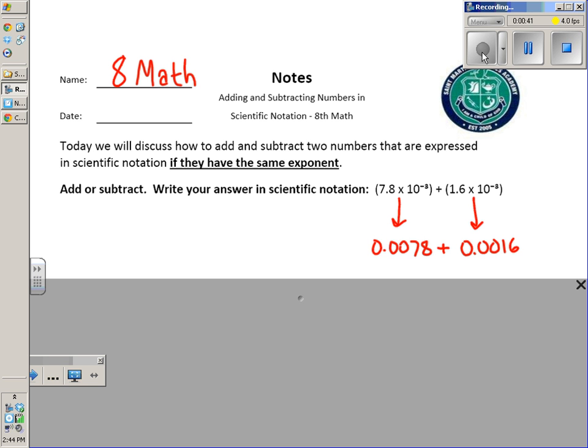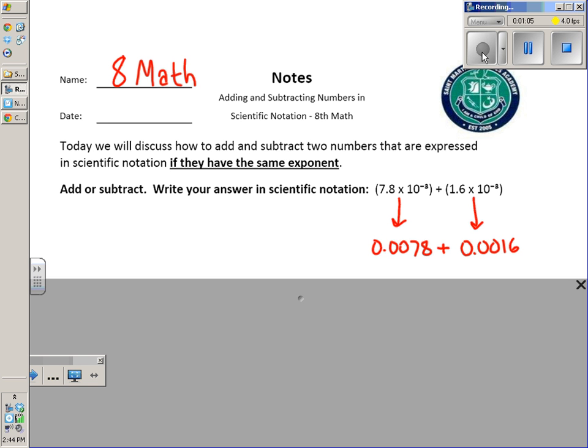In our example here, we've already converted each of these numbers from scientific notation to standard notation. So the 7 and 8 tenths times 10 to the negative third becomes 78 10,000ths, because we moved the decimal left 3 times. And it's a similar thing with the number on the right.